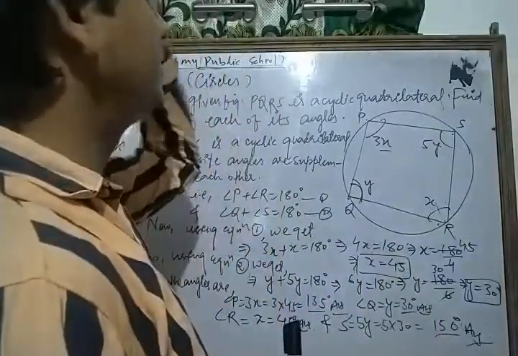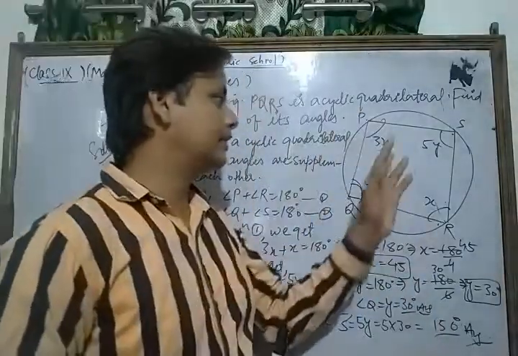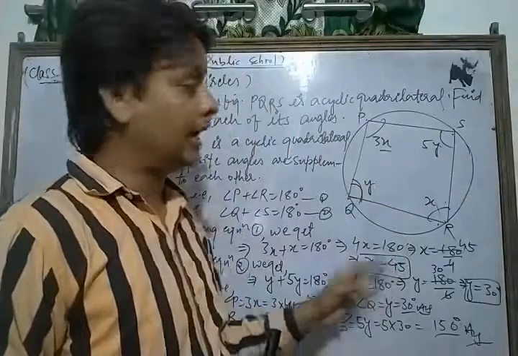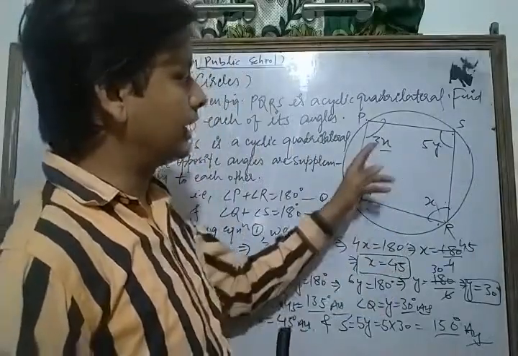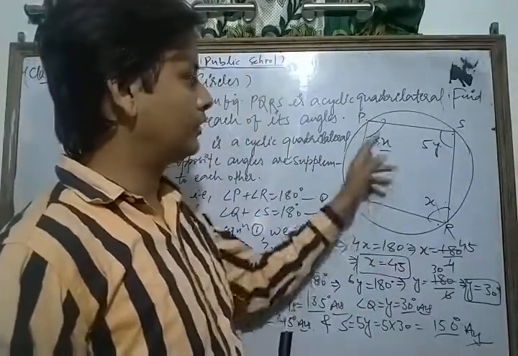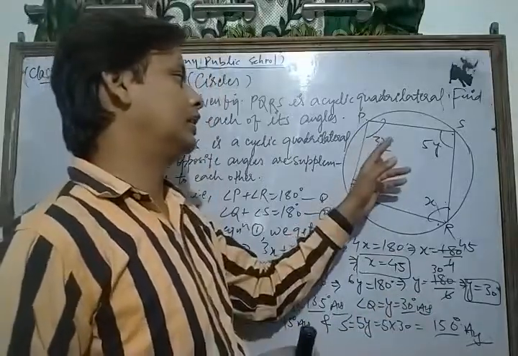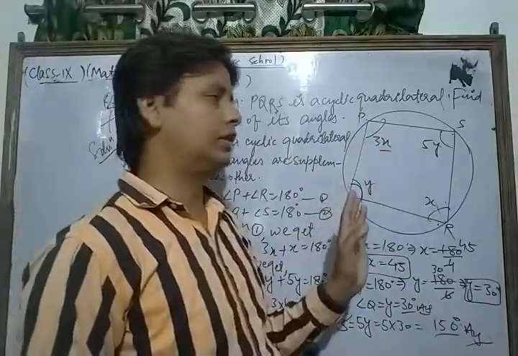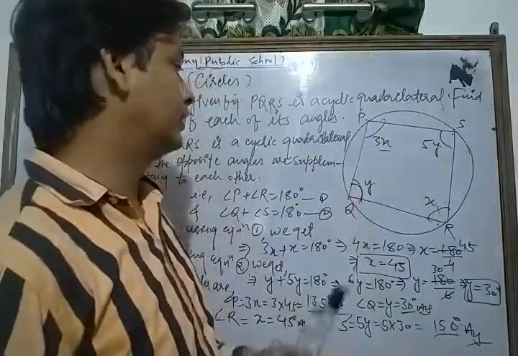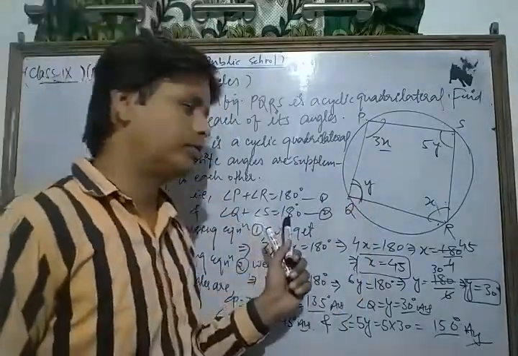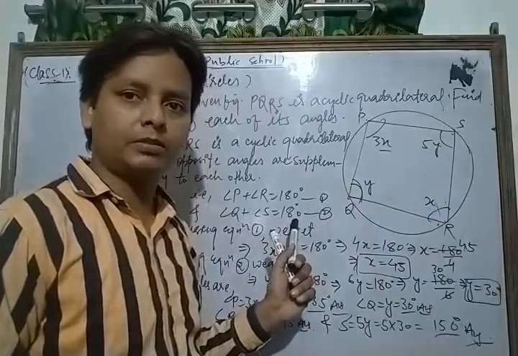Now look once more. Here PQRS is the cyclic quadrilateral, and we find the measure of each of its angles. The sum of opposite angles of a cyclic quadrilateral is 180 degrees, so we apply that result, that opposite angles are supplementary.